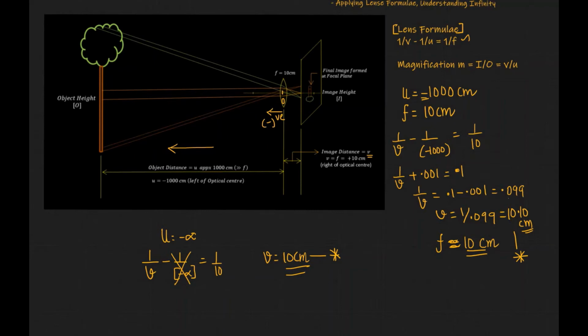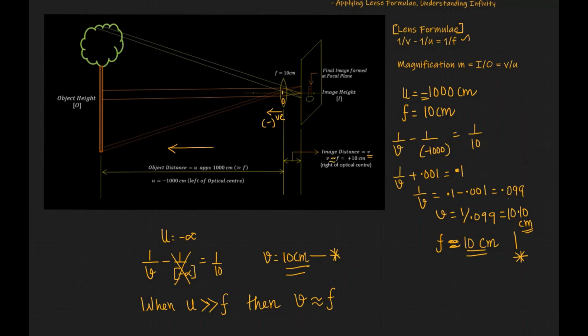So in general we say that when U is really, really greater than F, so in this case U is about 100 times the distance of focal length, then your V is approximately equal to the focal length. So that's what we have said here.